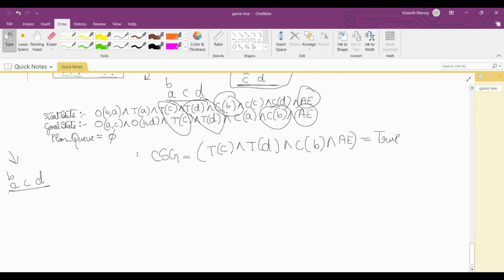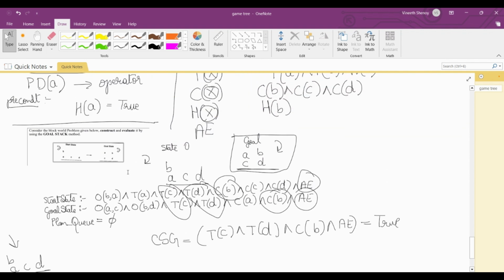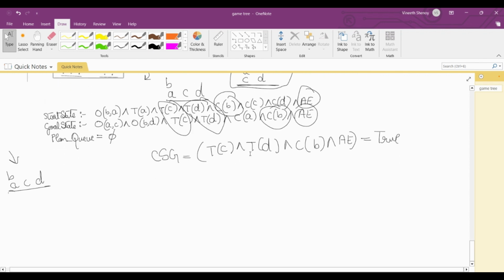Now, logically speaking, that's very quick, correct? If you just see the goal state diagram logically, you can directly know what steps are required. First pick up B, then place it on D, then pick up A, place it on C. Just four steps and you can get it done.